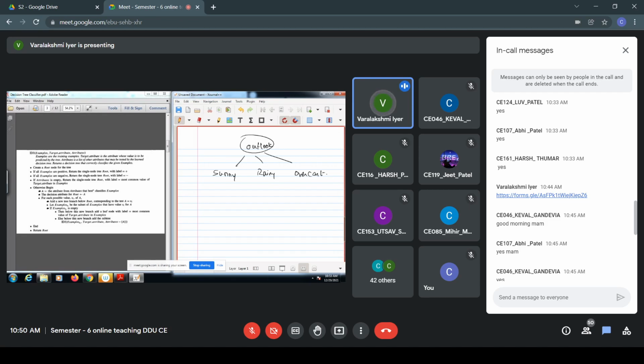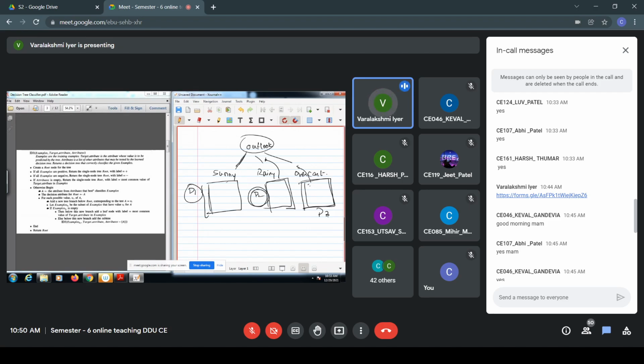Similarly there will be dataset D1, dataset D2, and dataset D3. Dataset D1 will contain all the instances where the value of Outlook is equal to sunny. Dataset D2 will contain all the instances where Outlook equals rainy, and dataset D3 will contain all the instances where Outlook is equal to overcast.